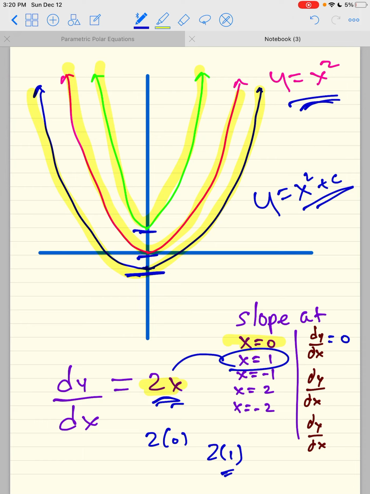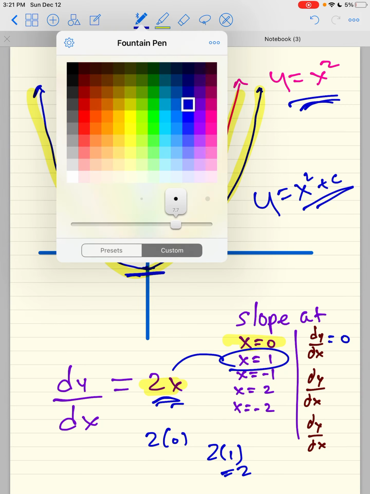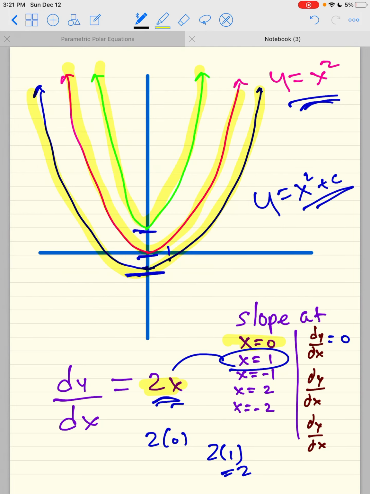So you're going to have to go to x equals 1. Let's just pretend that is here. And we're going to say, okay, if x is equal to 1, my slope is 2, 2, 2, and so on. So now let's say when x equals negative 1. So when x equals negative 1, my slope is negative 2.